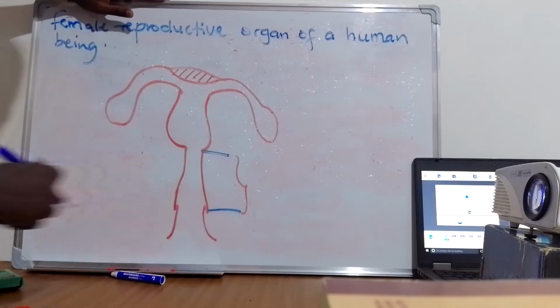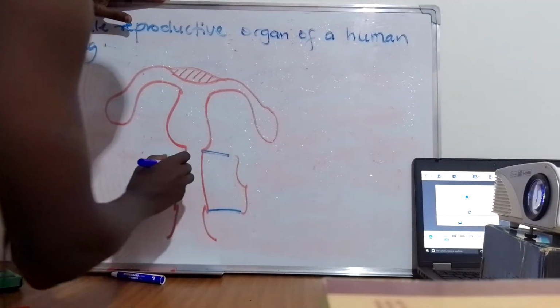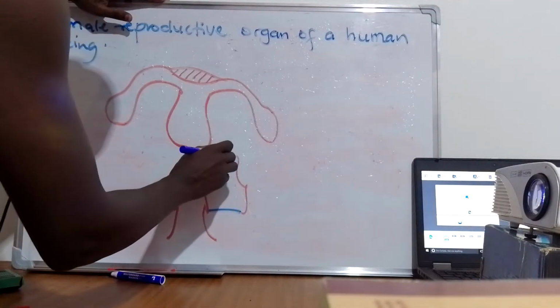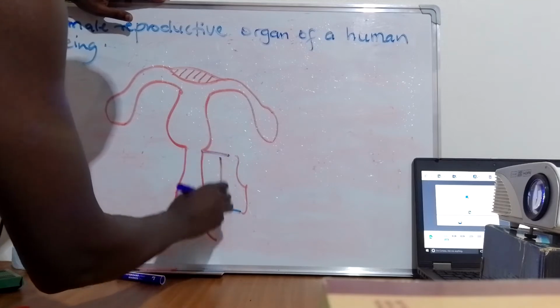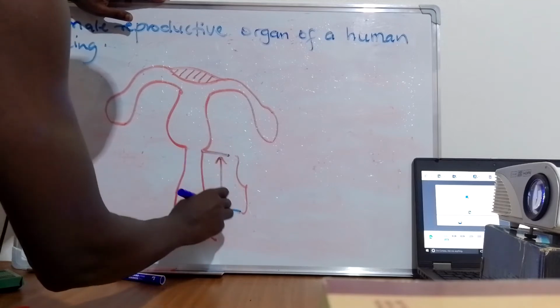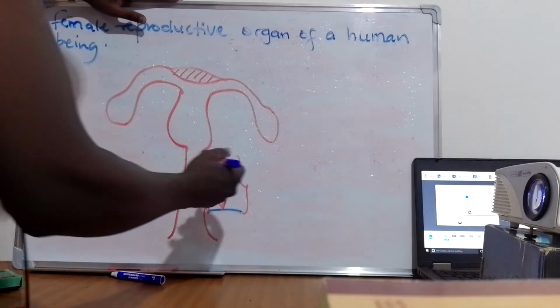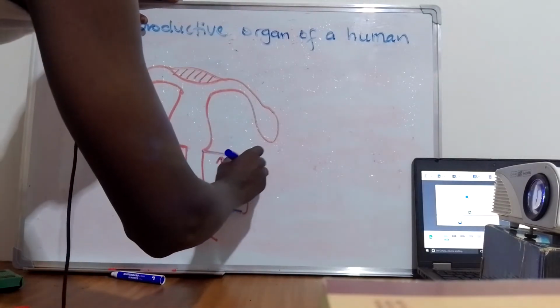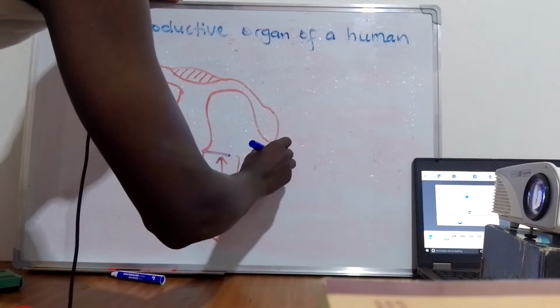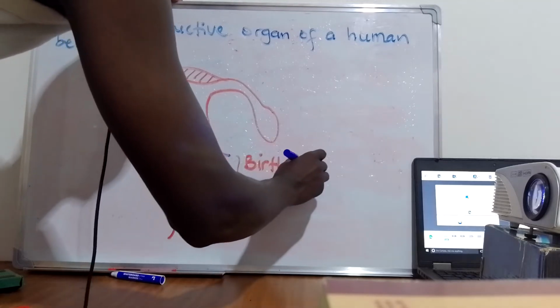I'm going to begin with this bracket. This distance from this point up to this point is a canal, a tube-like structure that we call the birth canal.